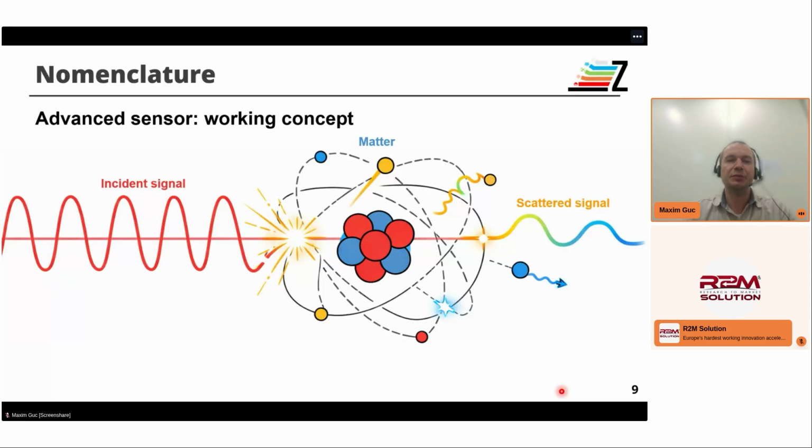So we have some incident signal, something that generates a reaction in the material, and then we measure this reaction, what happens with the material. So we have this scattered signal, and based on analyzing this scattered signal, we can understand the properties of the material. In main terms, this can be understood as the working concept of the advanced sensors.